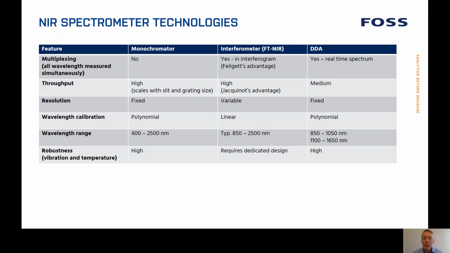However, based on the experience that we have gained at FOSS over many years, we have demonstrated that in NIR it is possible to achieve the same signal-to-noise ratio for the monochromator and the FT technology, because light sources are brighter and detectors are more sensitive than in mid-infrared. It is simply other factors that determine the signal-to-noise ratio that you can ultimately achieve.